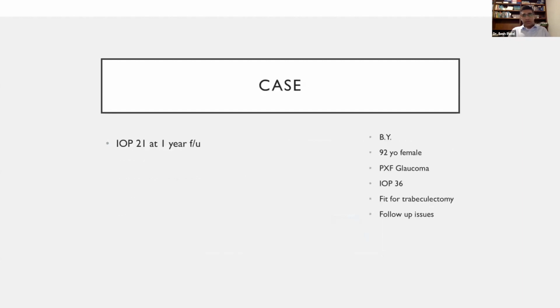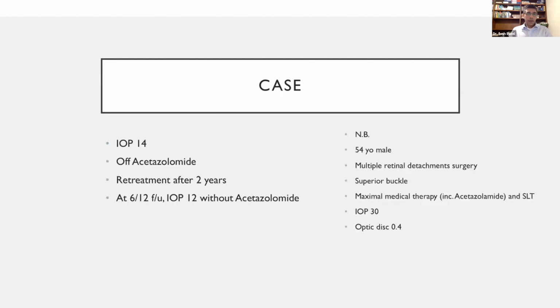Now, before I finish, I'll just share those few cases that I told you about that I started off with. My first case, the pseudoexfoliative glaucoma case, she's done very well. Her pressure was 21 and has been sustained at that level out to 1 year of follow-up.